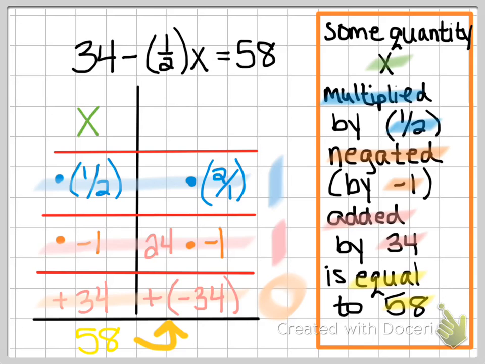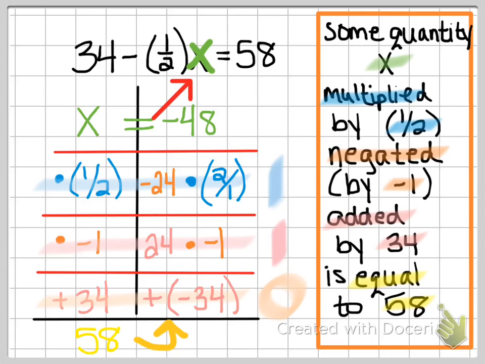I take my previous answer, which is going to be -24, I multiply it by 2, and our ultimate answer, x, is equal to -48. So we worked our way through the story, and then we worked our way back up to undo the story, and we found out that x was -48 before it became 58.